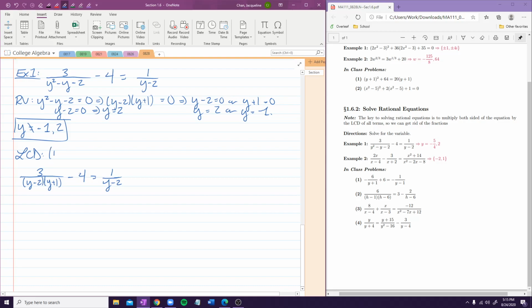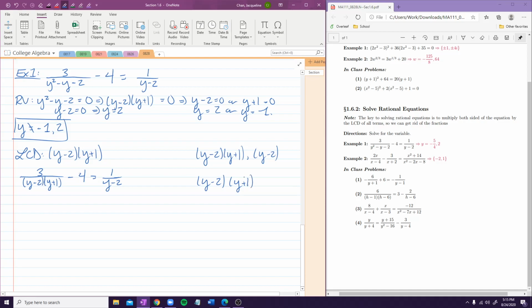So what is the LCD? The LCD is just y minus 2 times y plus 1. We take each unique term, so you list out all the unique terms: y minus 2, y plus 1.